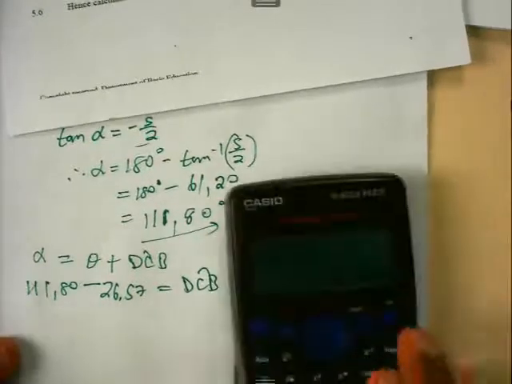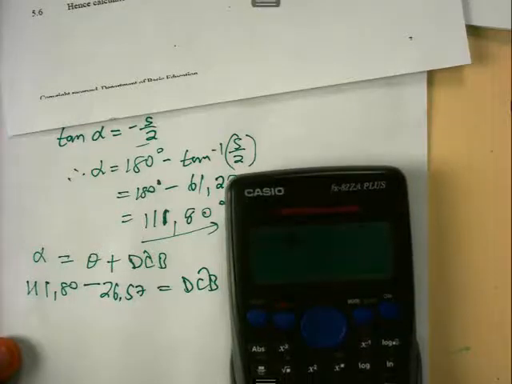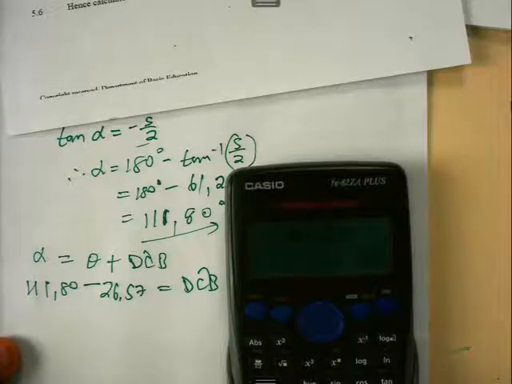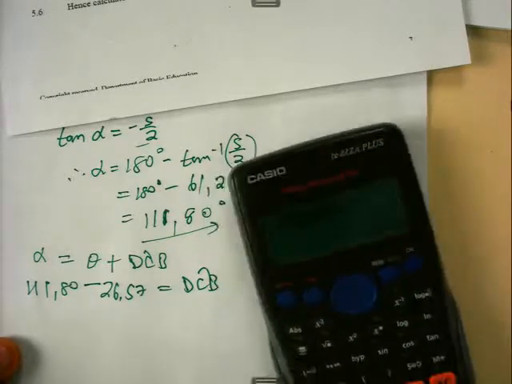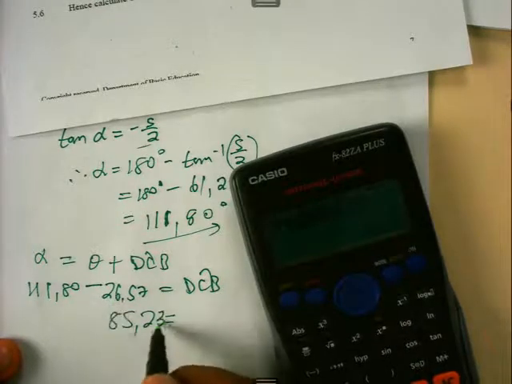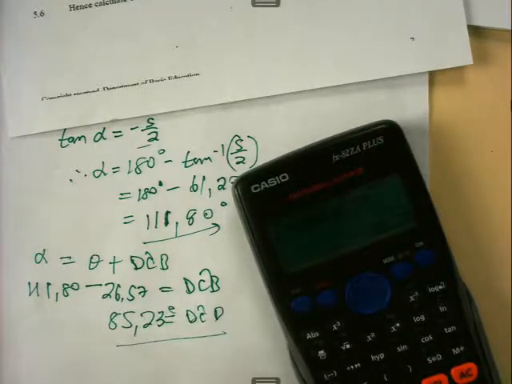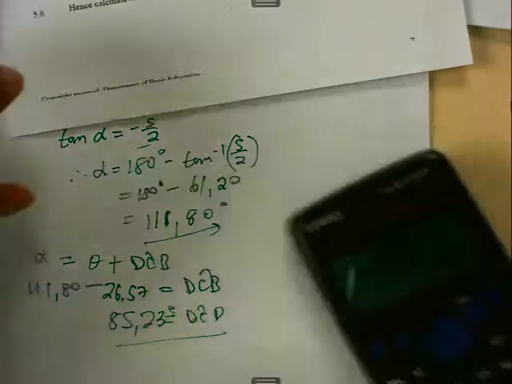Now, when I subtract the two, 111,80 minus 26,57, the answer there will be 85,23 degrees. That is the size of this. We can see it is very close to 90, but it is not 90 degrees.